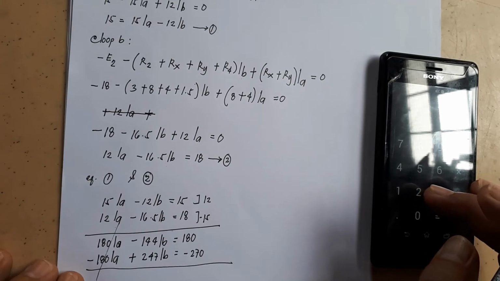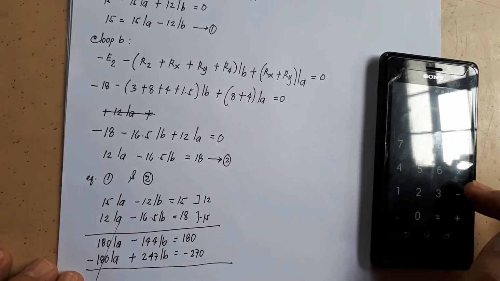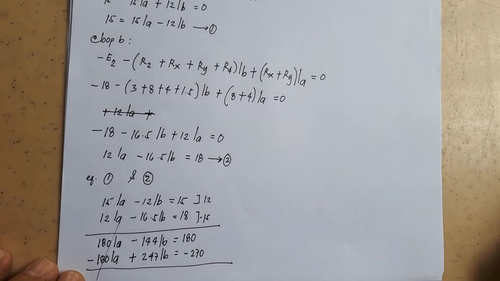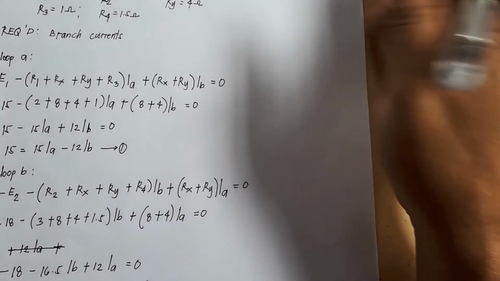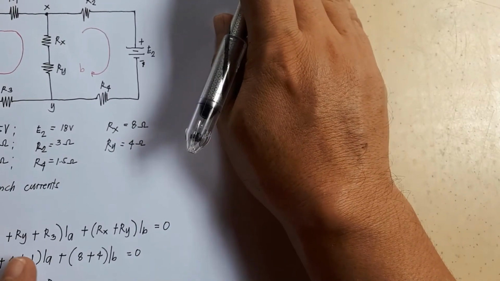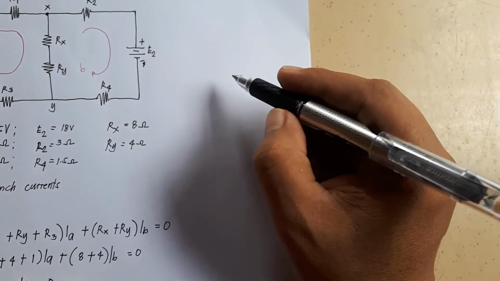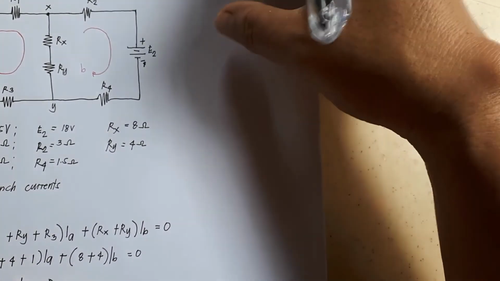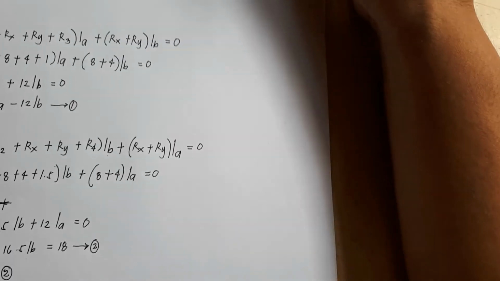Therefore, 247 minus 144 will give us a value of 103.